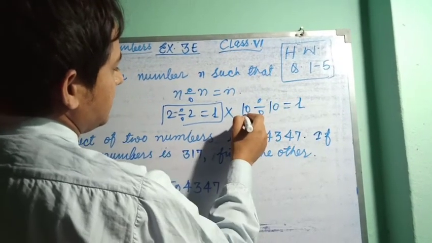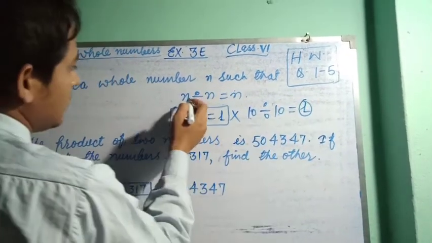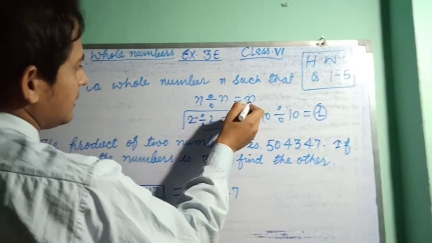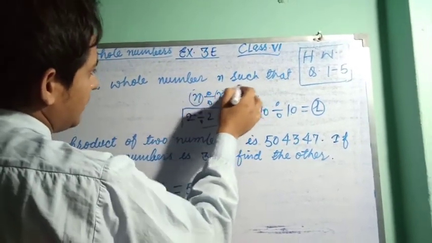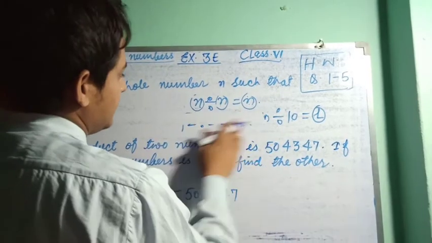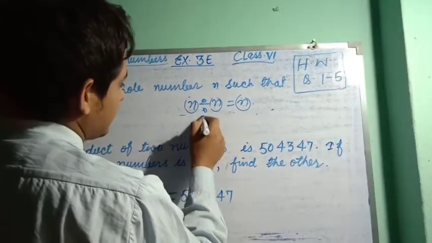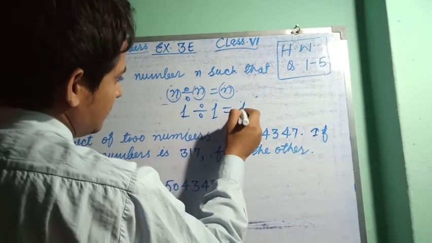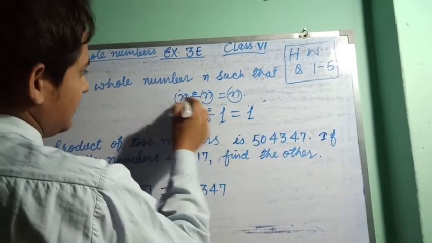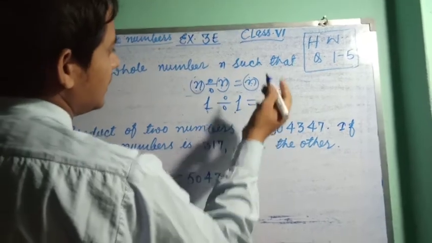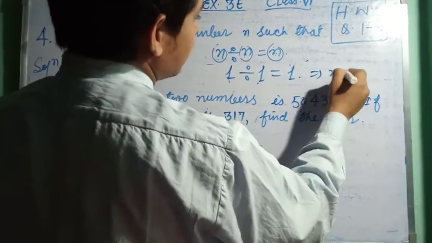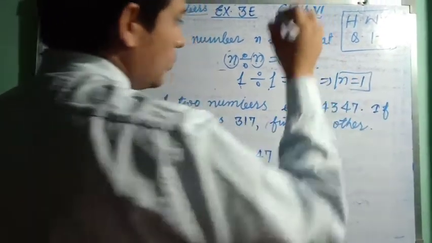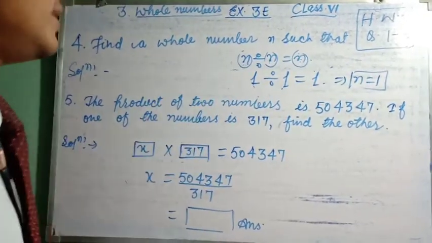No, here is the 10, here is the 10, but here is a different number. This is n, so here should be n, and here should be n. That means this is the one and only number, 1, because 1 divided by 1 becomes 1. So the answer is n is equal to 1. Only one such number exists, where 1 divided by 1 is equal to 1.